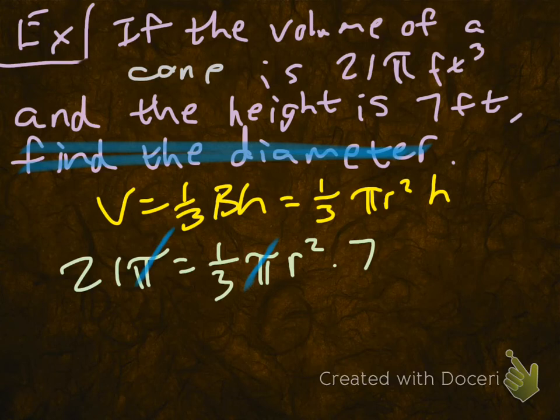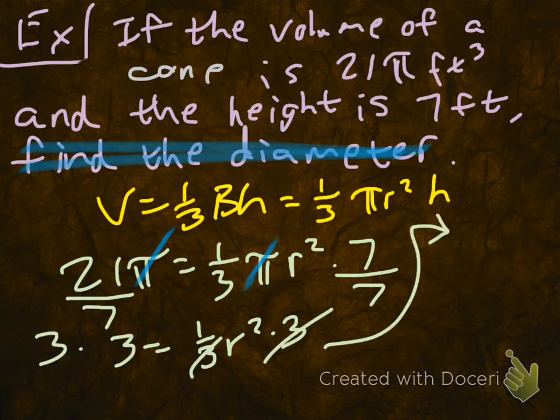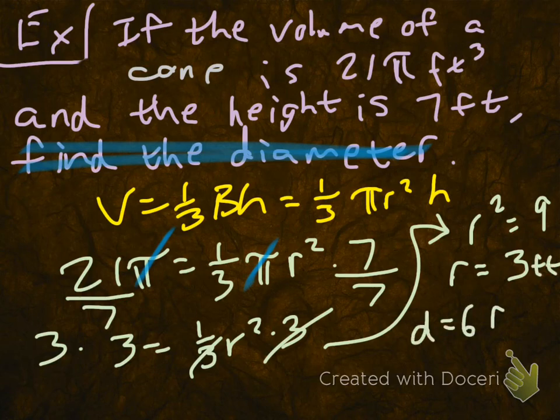Then let's divide both sides by 7, I think would be easiest. So we get 3 equals 1/3 r squared. So then, times both sides by 3. That will cancel these, leaving me with r squared equals 9. Therefore, r equals 3. And if r equals 3 feet, then the diameter would be 6 feet.